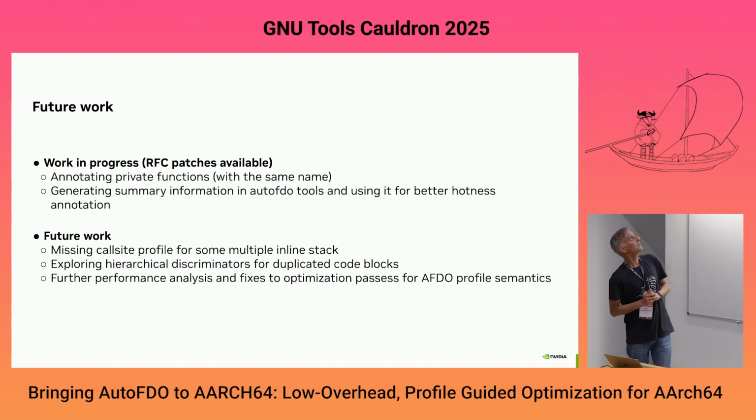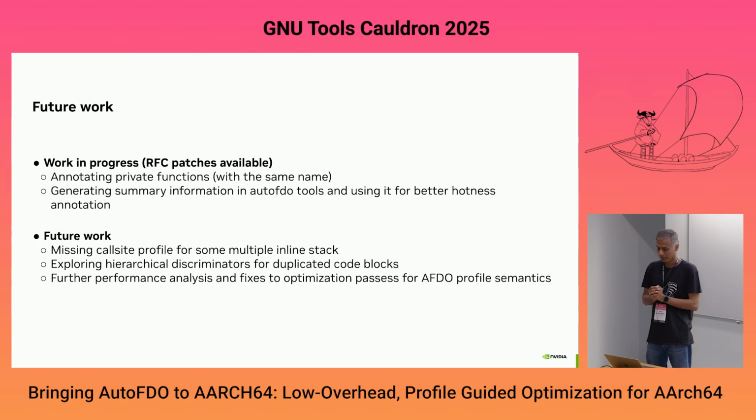So there are a couple of things we are doing right now. One is the source line tracking. And the other thing is, in a lot of our analysis, what we are seeing is the inliner is inlining more when it comes to AutoFDO. So the hot-cold annotations probably can be improved, and LLVM has something called summary generation.